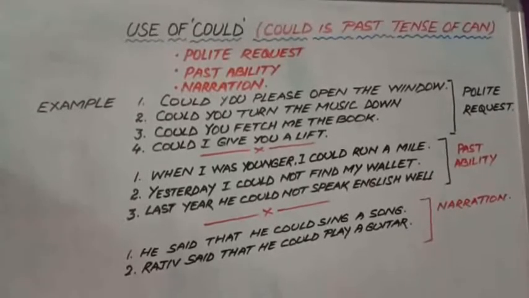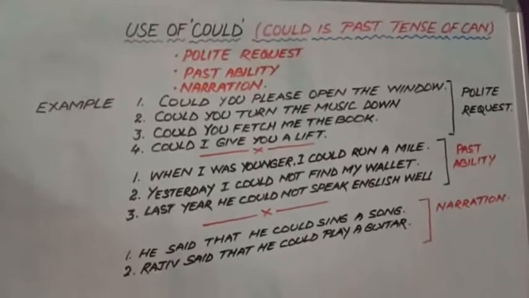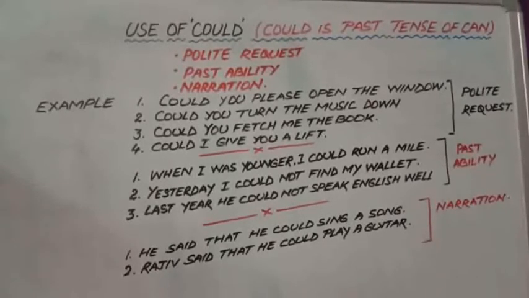Now, if you see the same sentence and if I change the word could with can, then what happens? Then the sentence will be, can you turn down the music? As soon as I change the word could with can, the politeness of the sentence that is there with the word could changes to the ability of the person to turn the music down.